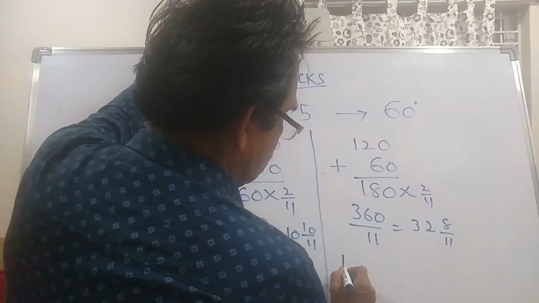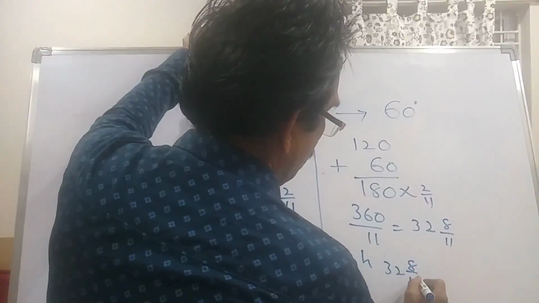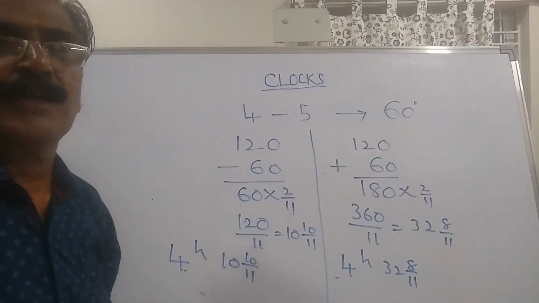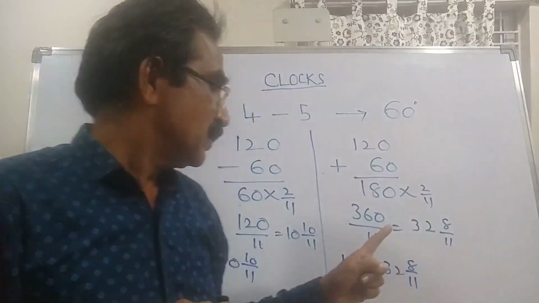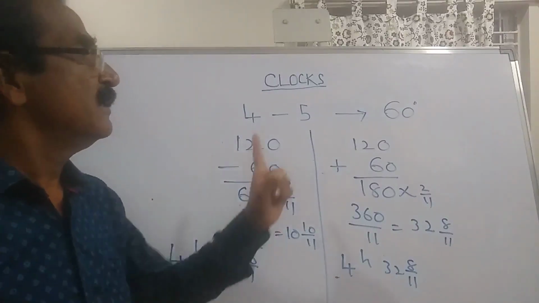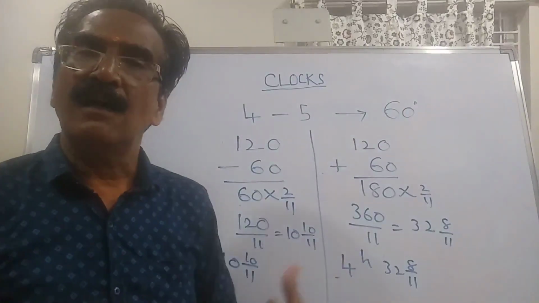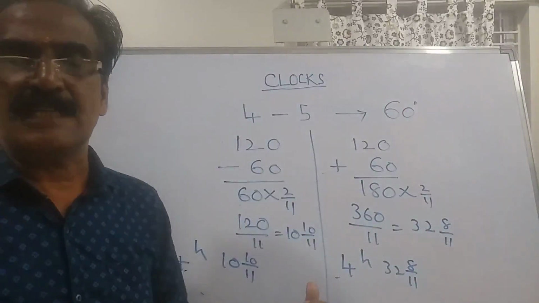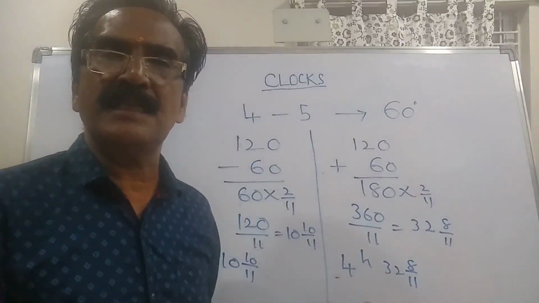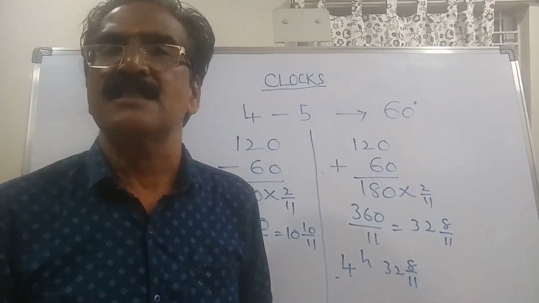So 4 hours 32 8 by 11 minutes. At these two timings the angle between the hands will be exactly 60 degrees.